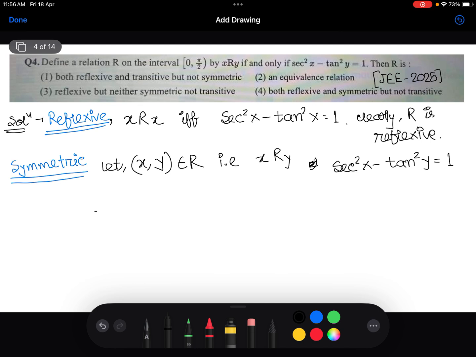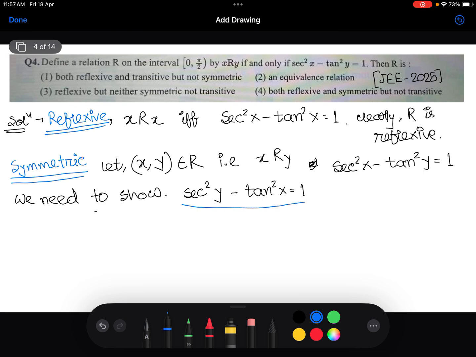Now if it is symmetric, then we need to show that (y, x) is also in R. That means we need to show that sec square y minus tan square x is equal to 1. Our purpose is that we need to show this.